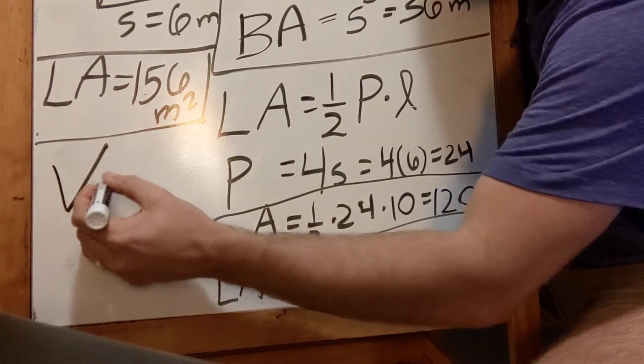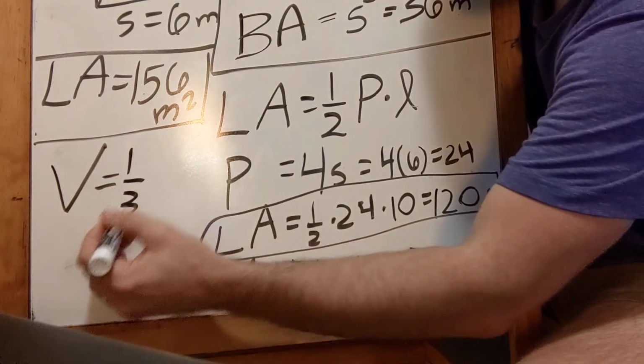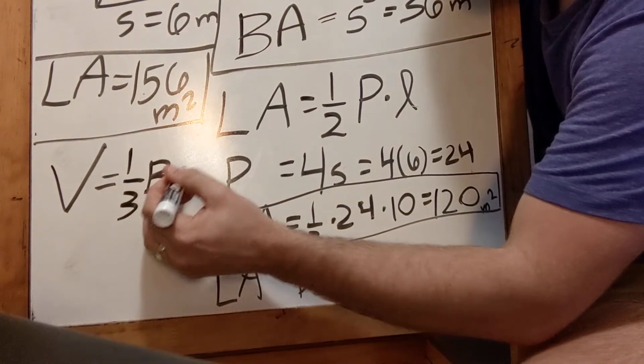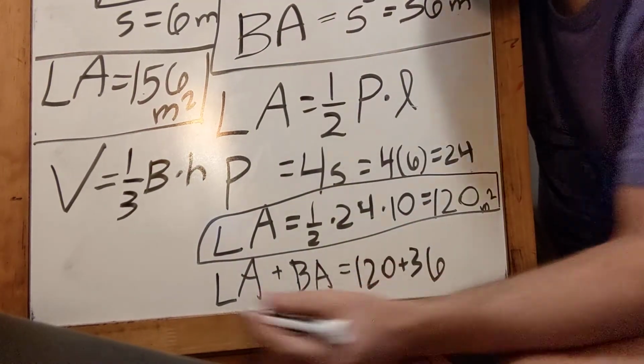Lastly, we're going to find our volume, which has its own formula. It's 1/3 base times height. So you just plug those values into that formula.